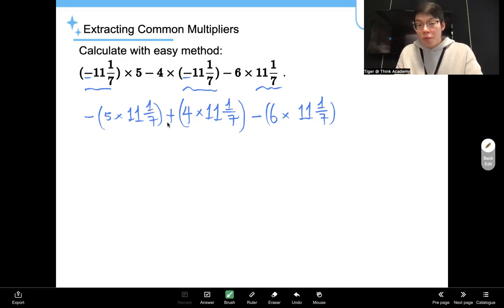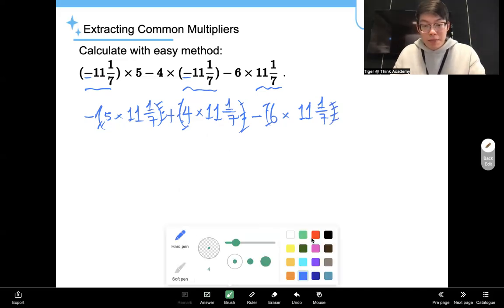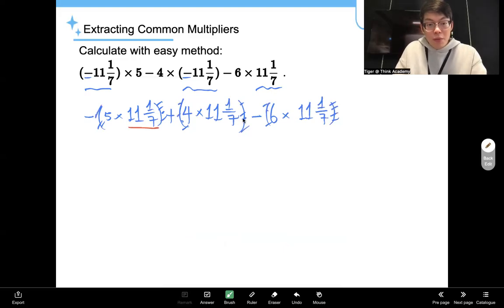So now we can try to remove the brackets, because we don't actually need the brackets, right? And you can see that now all the 11 and the sevenths, they are positive, which means that I can extract them from the separate multiplications and just write 11 and a seventh right here.